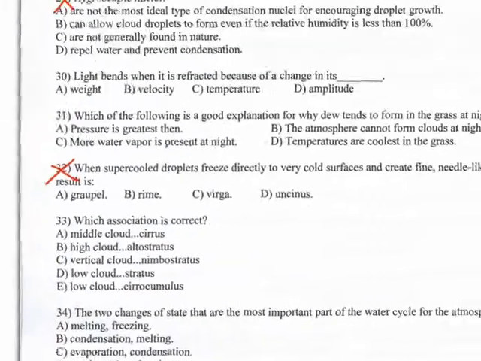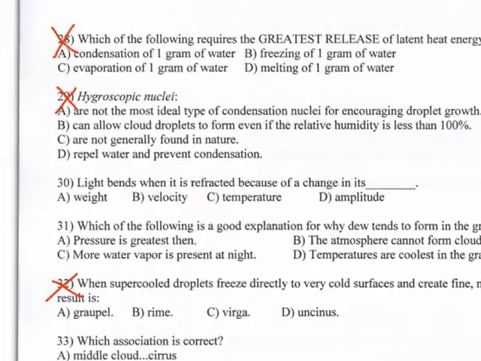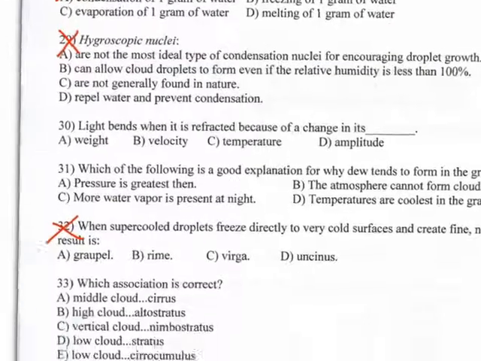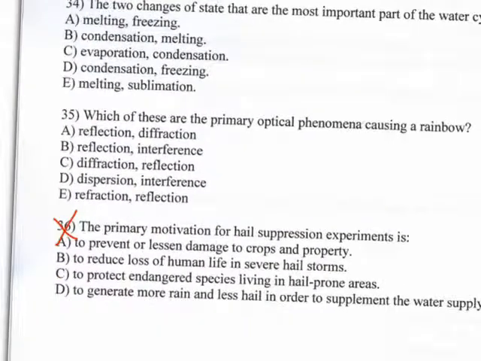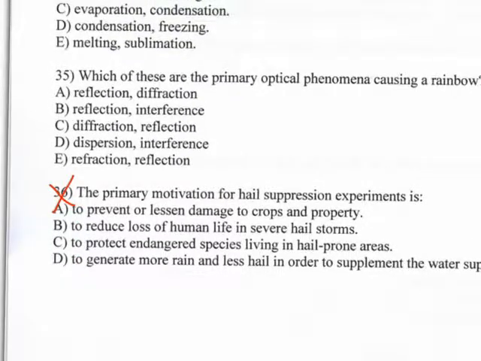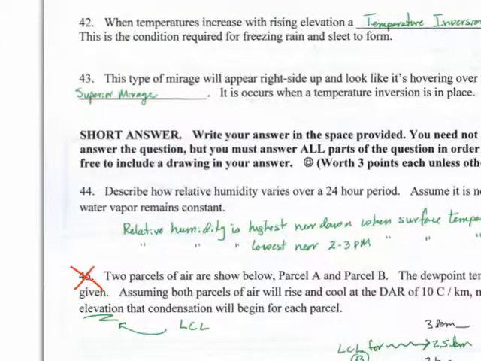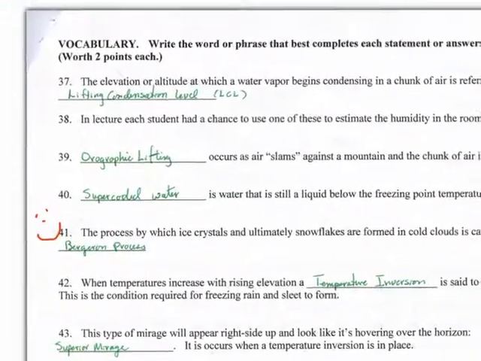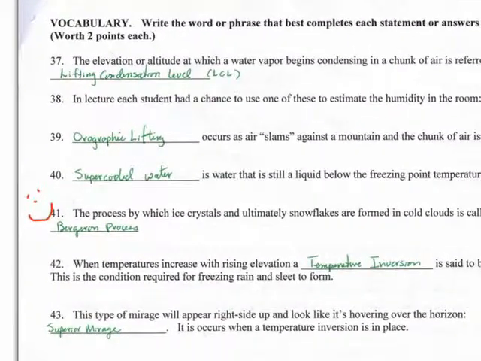Questions 28, 29, and 32 will not be on your final. Question 36 will not be on your final. And let's see. That was it for vocabulary. Oh, sorry, that was it for multiple choice.